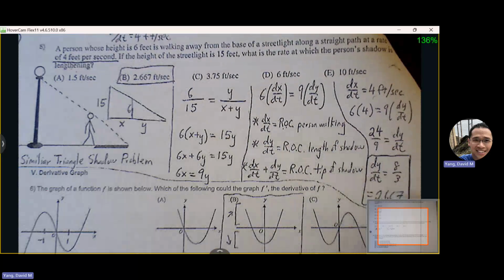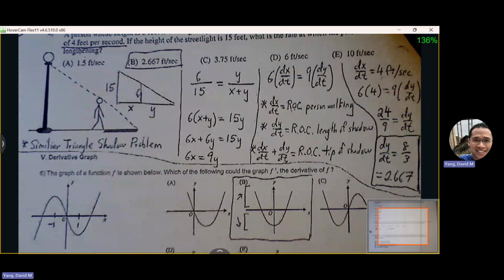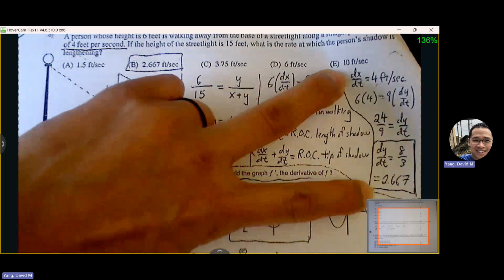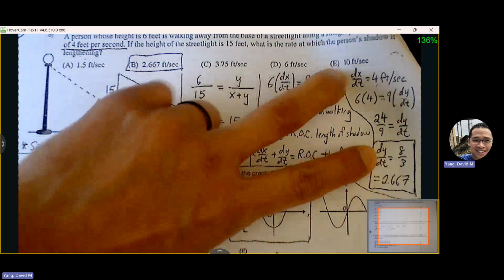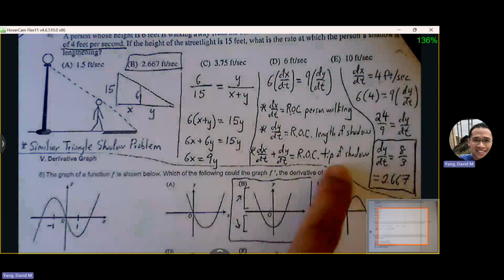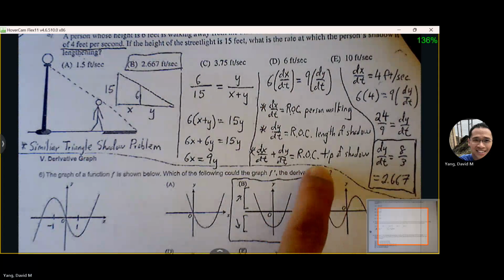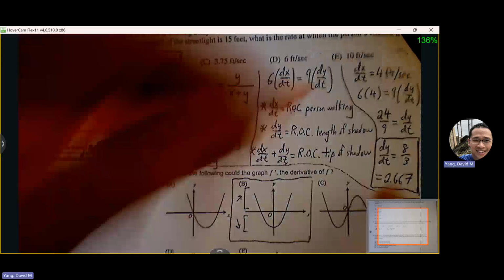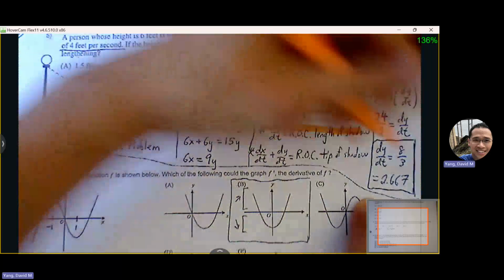You get 24 over 9, and that's your answer. But if it was asking how fast the tip of the shadow is increasing, then you would add these 2 rates together. The 8 thirds plus the 4, and that will get you your dx/dt plus dy/dt. But this problem is only asking us for dy/dt.